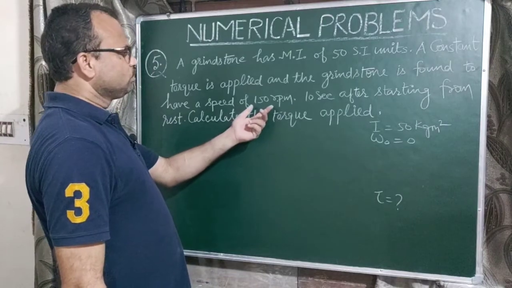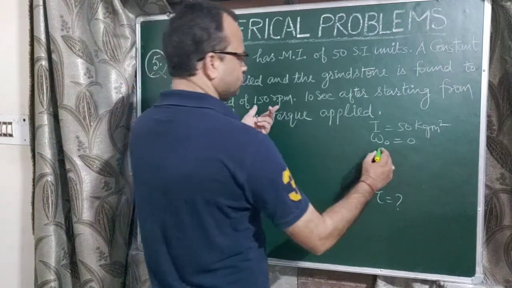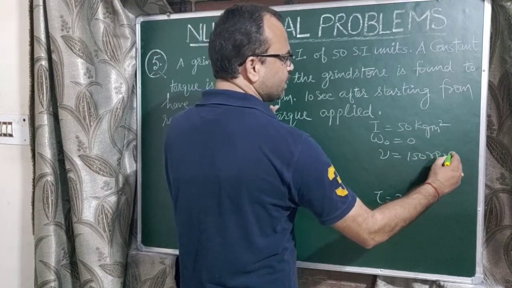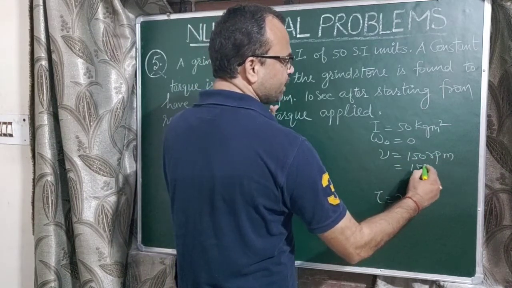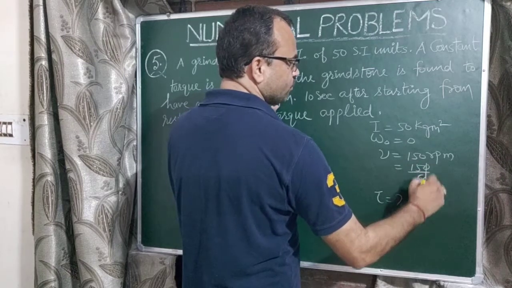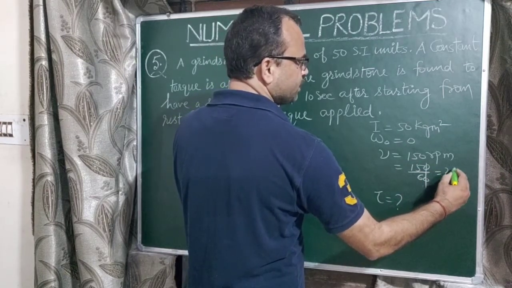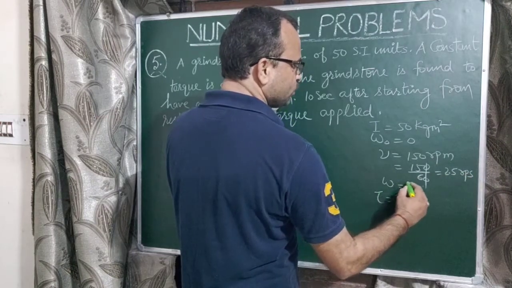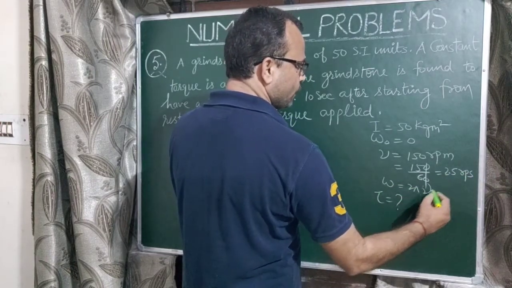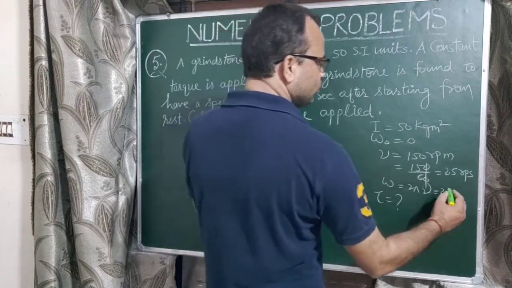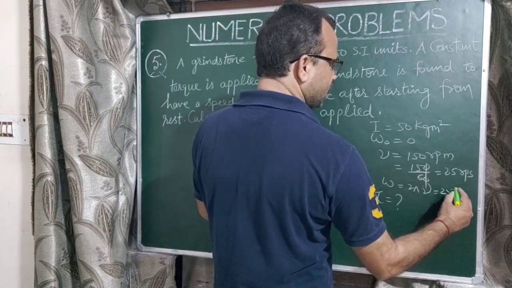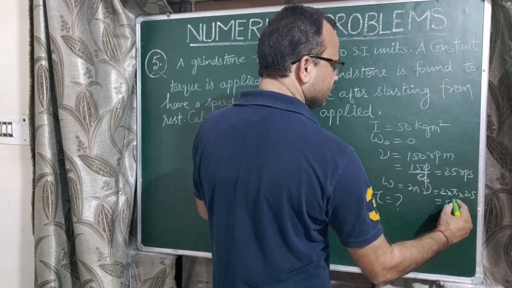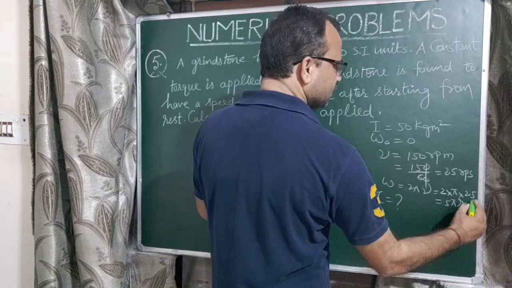Moment of inertia is given, 50 kilogram meter square. Now nu equals 150 rpm. So first we convert rpm into rps by dividing by 60, which gives 2.5 rps. Now omega is equal to 2 pi nu. So 2 times the value of pi and nu is 2.5, which means 5 pi radian per second.